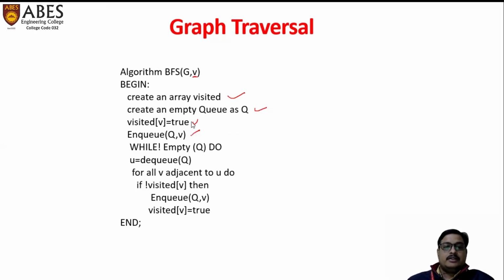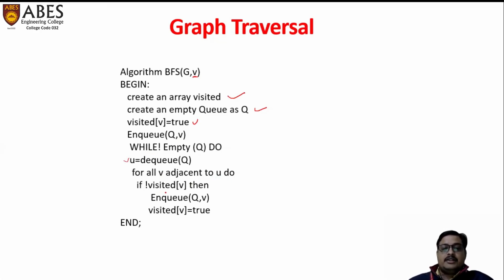And after this, we will repeat this process until the queue is empty. What we'll do, we'll delete one element u from the queue, and we'll find all the adjacent vertices v of u.